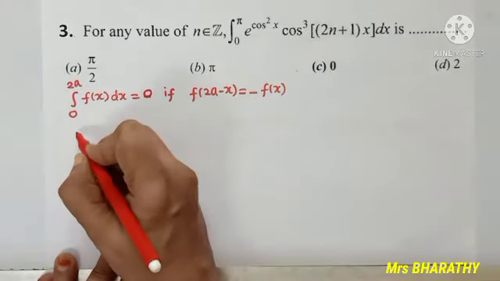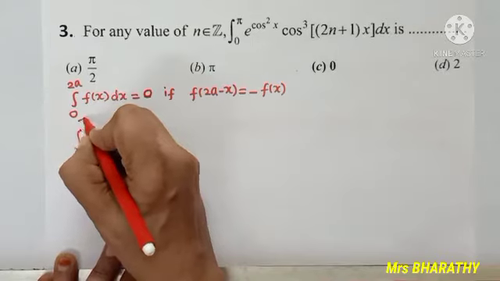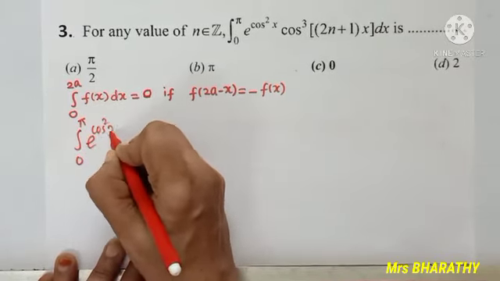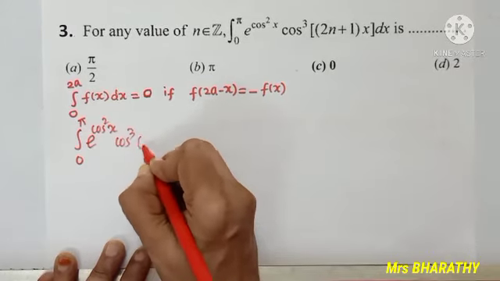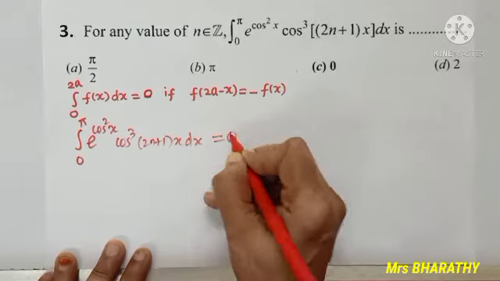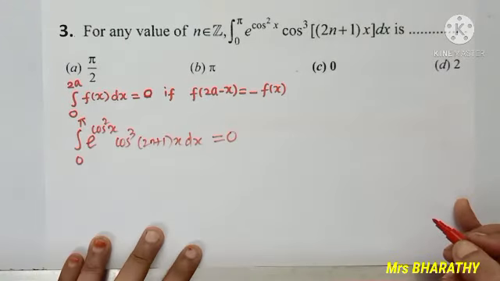As we substitute, the integral will surely become 0. Why?